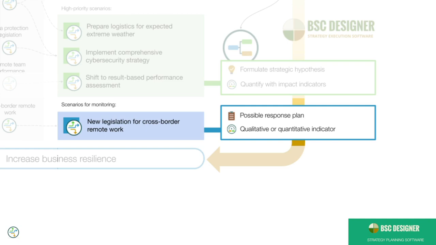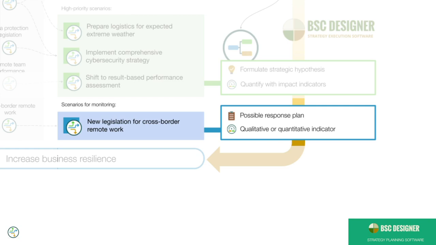One of the driving forces on the diagram was remote work. Remote work is here to stay. During the pandemic, many countries updated their legislation to support remote work. But in those cases, the focus was on domestic remote work. Cross border remote work is still a significant uncertainty. It is a good idea to discuss questions that involve this uncertainty.